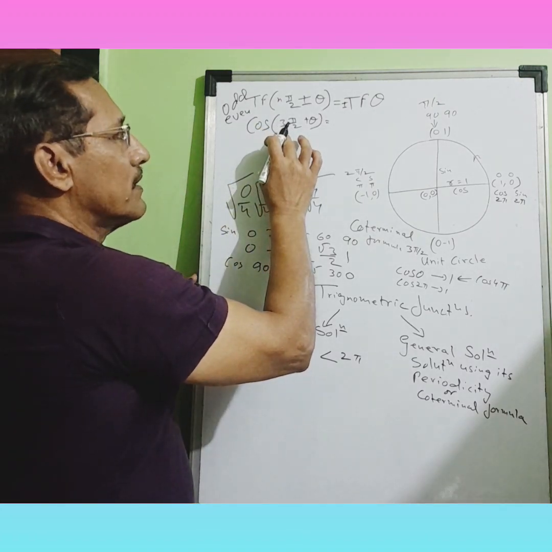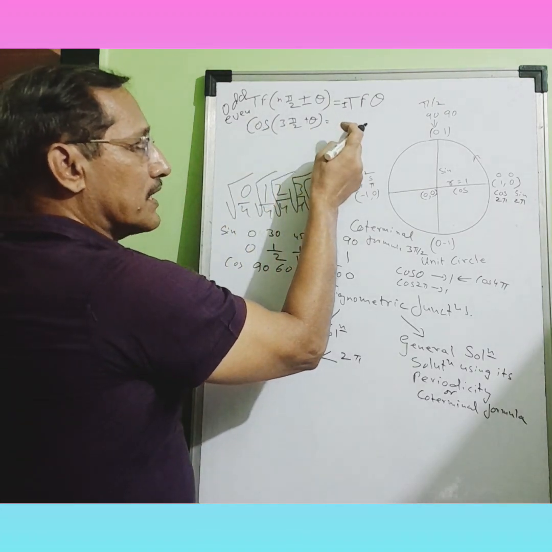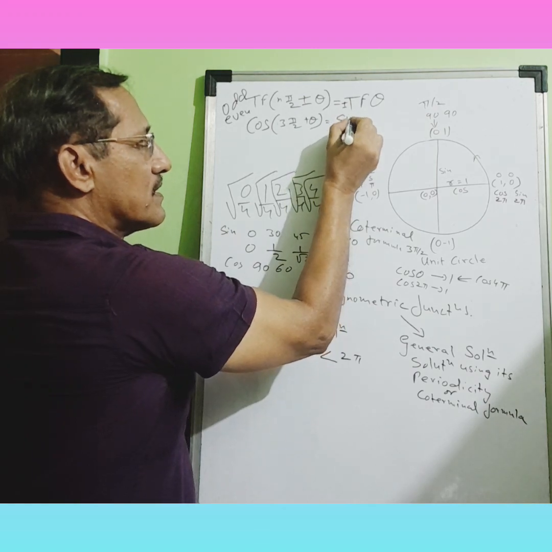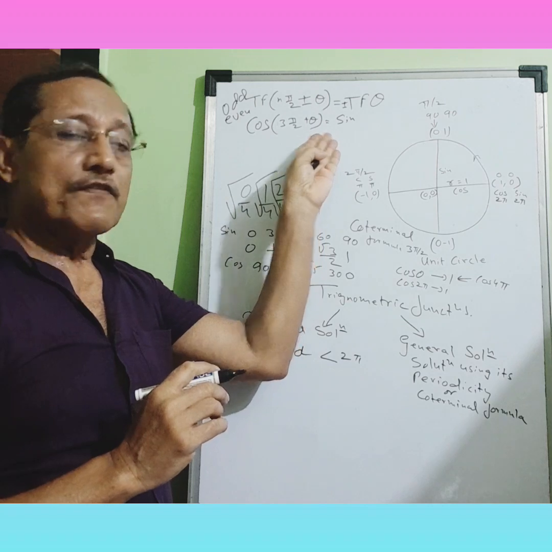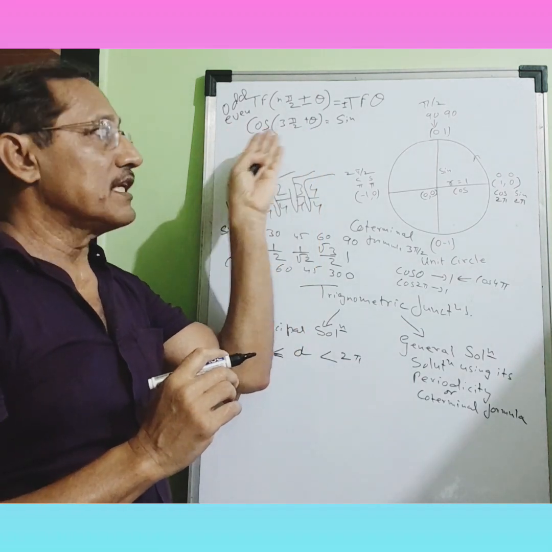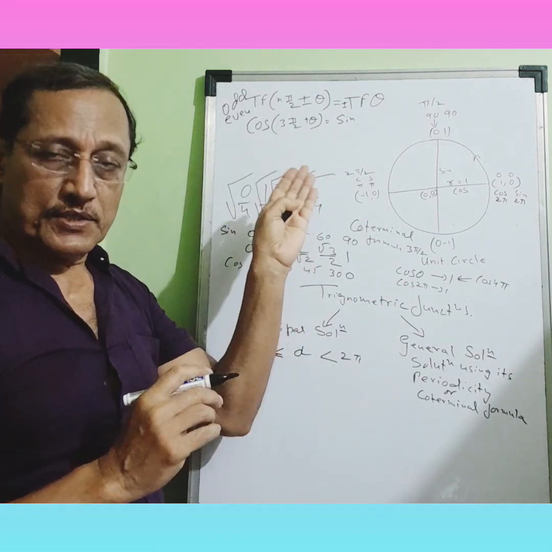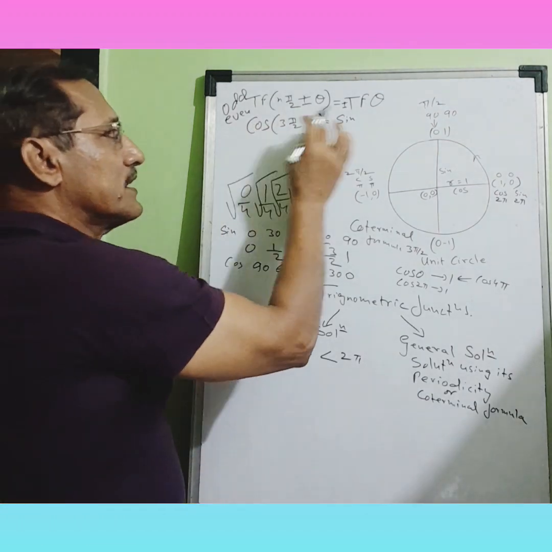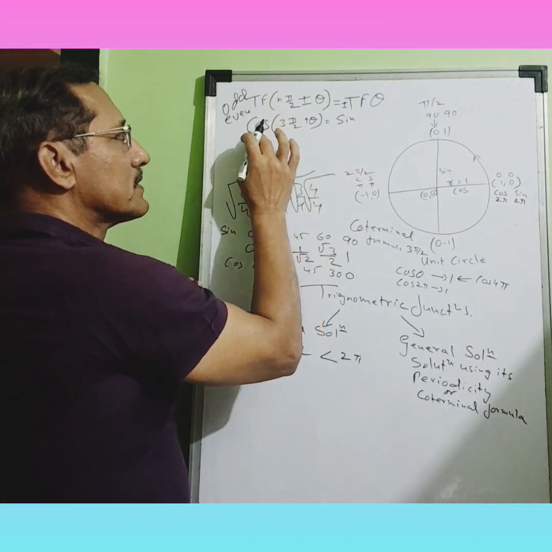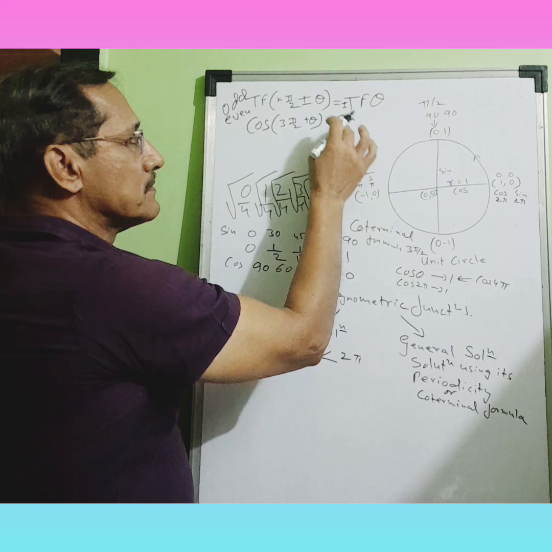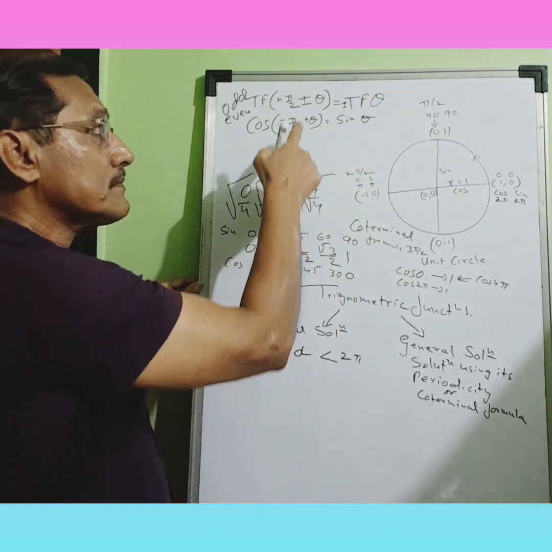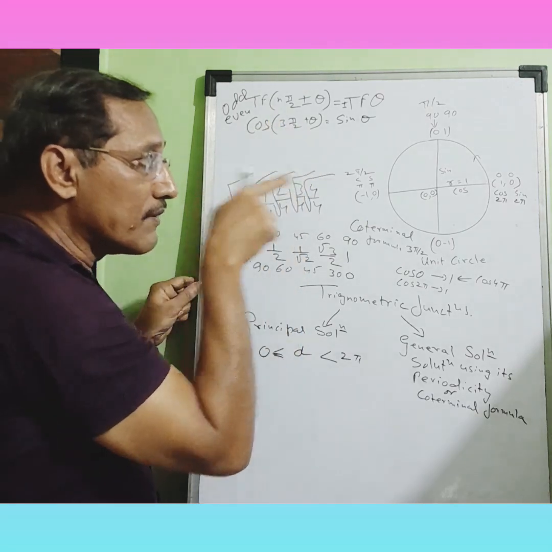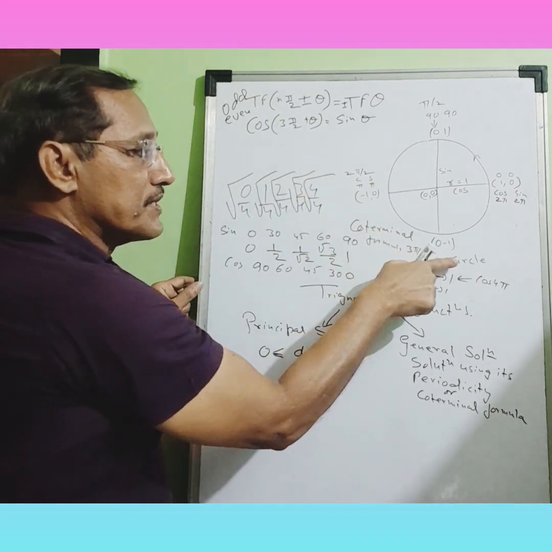If it is odd, its counterpart comes: cos becomes sine. If it would have been cot, it would have been tan; if it would have been cosec, it would have been sec, and so on. So if it is odd, cos gets converted to sine, and theta, as I told, remains the same, and it is plus theta.